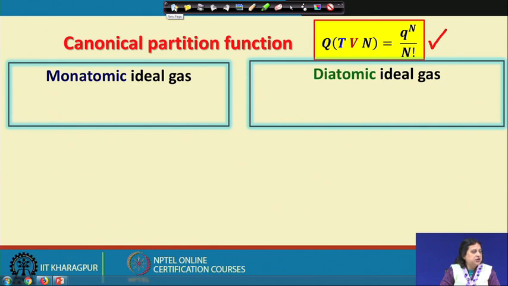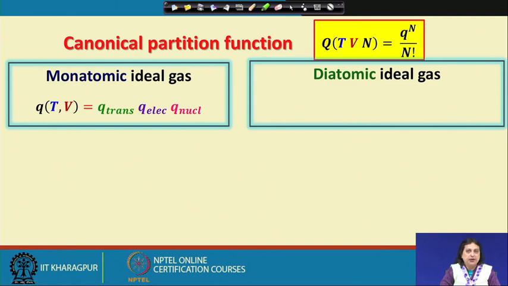Under this given condition, we have also seen that for a monatomic ideal gas, we have this following expression for the single particle canonical partition function, that is small q. Since it is for the single particle, n equals 1, and small q depends both on temperature and the volume at which the entire system is present.